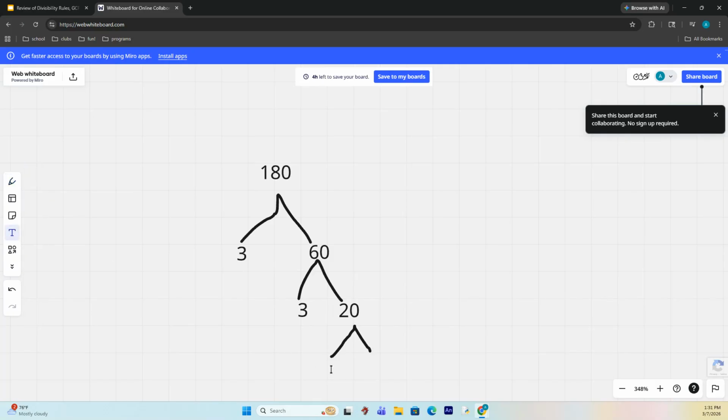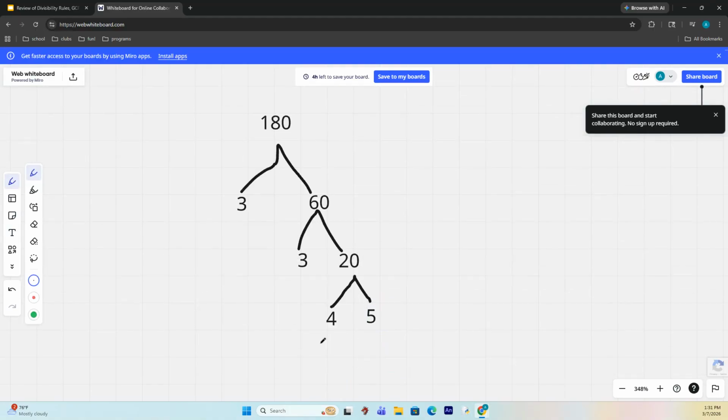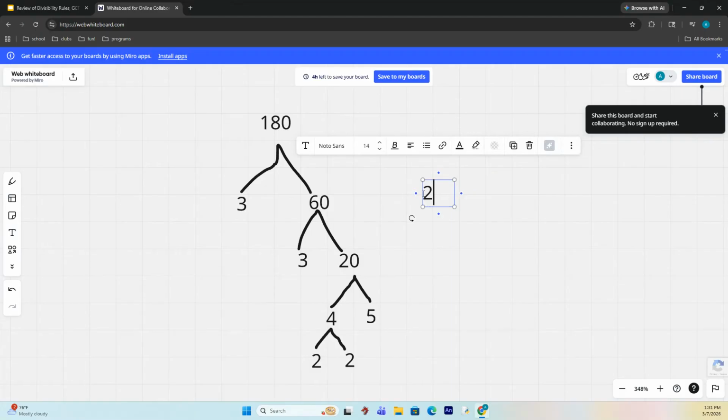This divides into 4 and 5, and then it's important to remember 4 divides into 2 and 2, giving us our final prime factorization of 2 squared times 3 squared times 5.